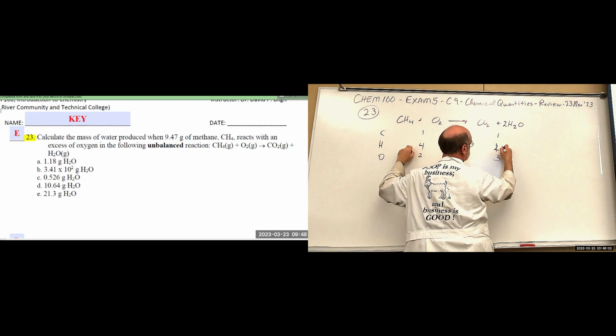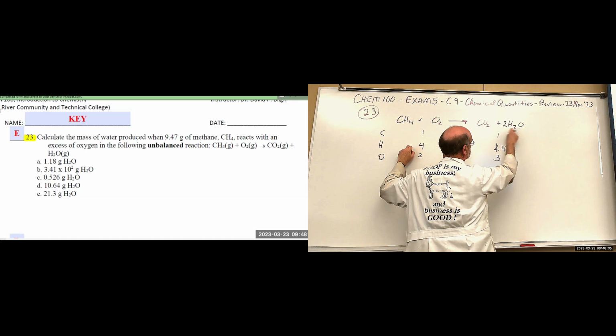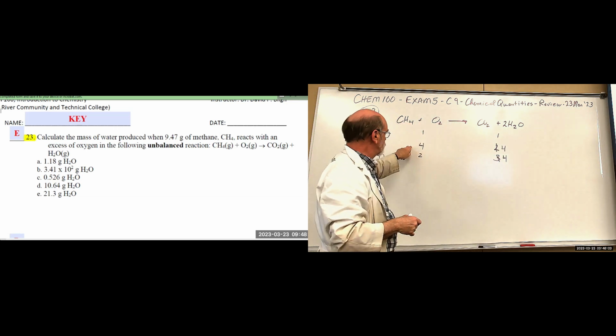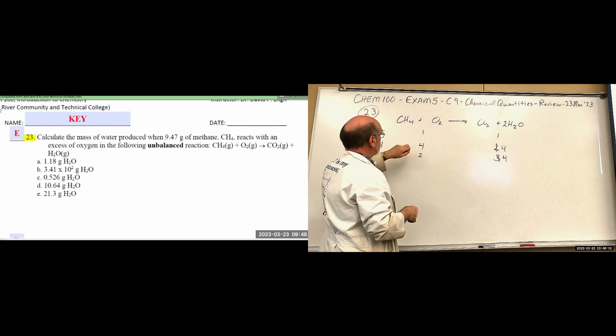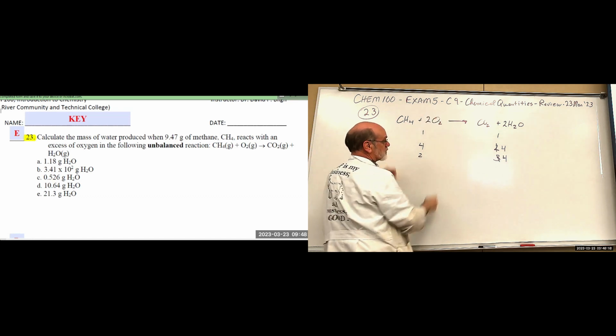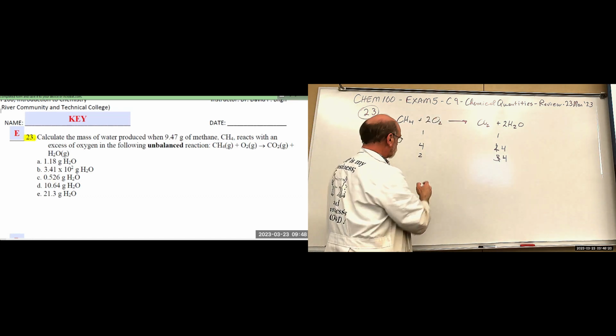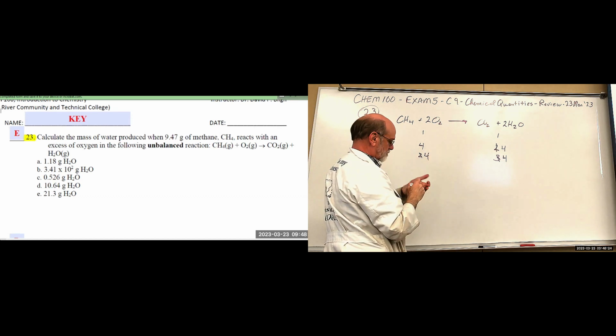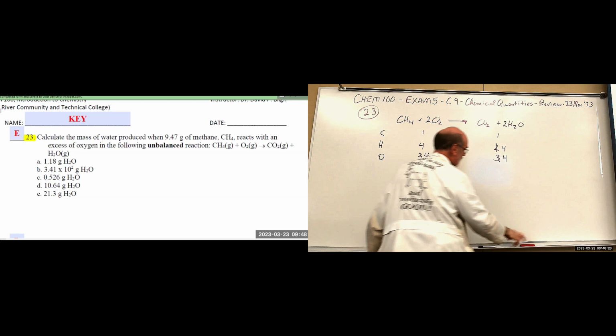There's 4 hydrogens. That changes to 4 oxygens. 2 plus 2 is 4. So we need 4 oxygens on this side. A 2 will do it. And we can see from our budget that everything's balanced.